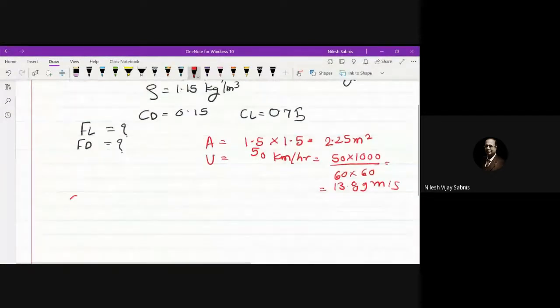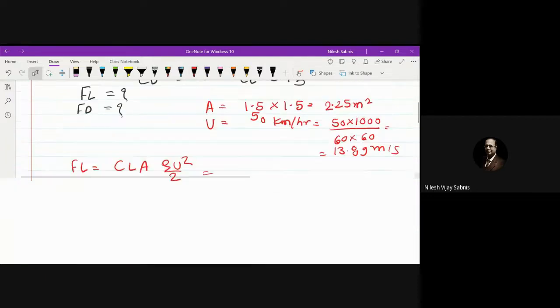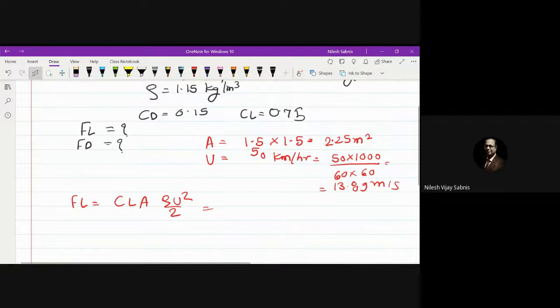Then FL formula is clear, CL A rho u square by 2. Put the values and find out the answer. FD is what?